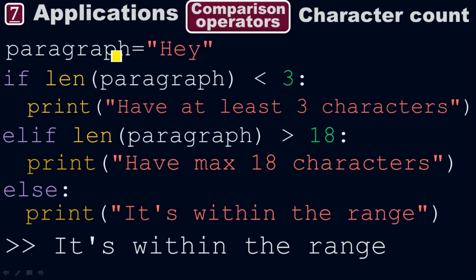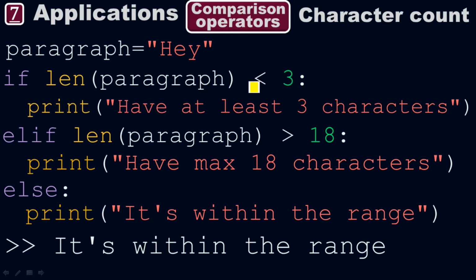So this time paragraph equals to hey, H-E-Y. We have 3 characters here. Only 3 characters. H-E-Y, 3 characters. Now, the first condition says that if the length of paragraph is less than 3, if the number of characters are less than 3, then print have at least 3 characters.